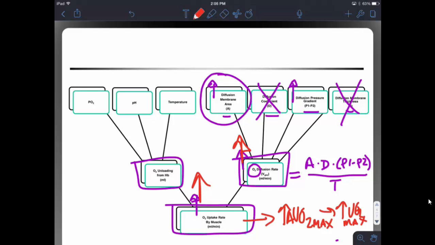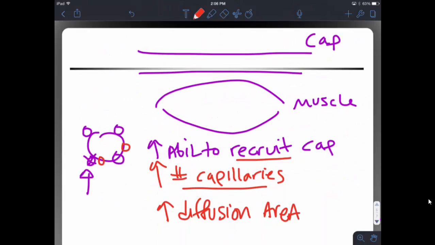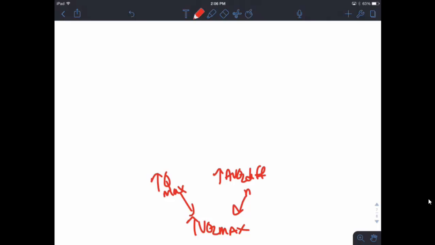Let's see what that would look like on your concept map. At the bottom of your map, we have an increase in VO2max, increase Qmax, increase AVO2 difference max, and this has a couple legs: the delivery rate and the uptake rate.